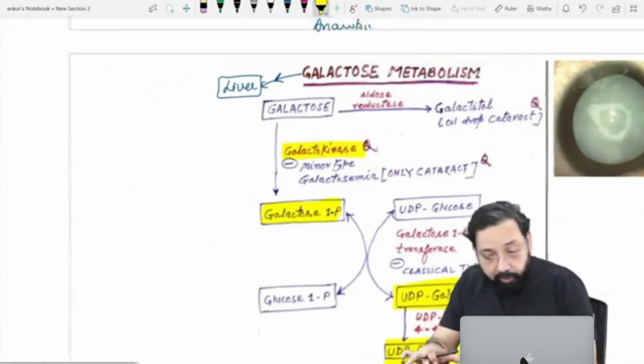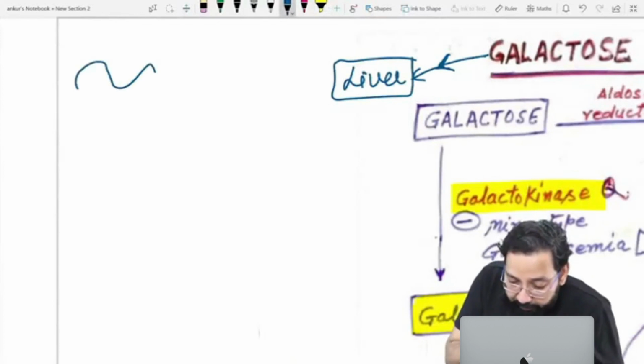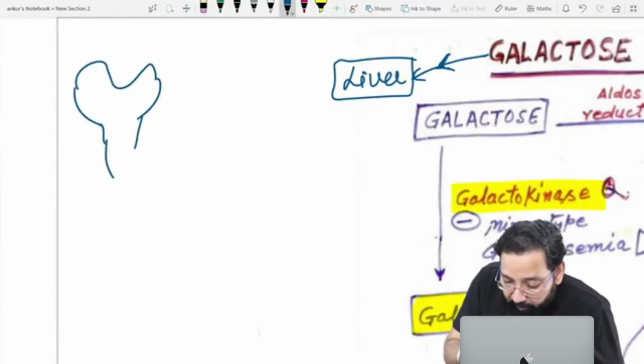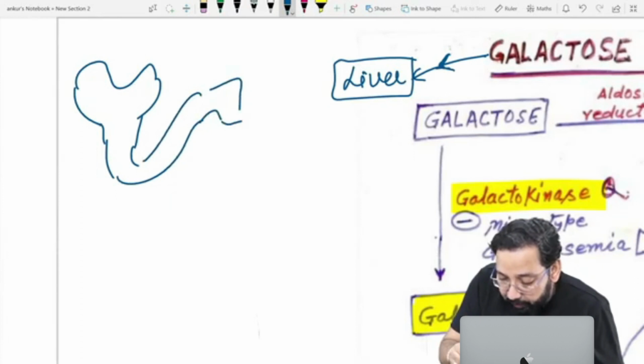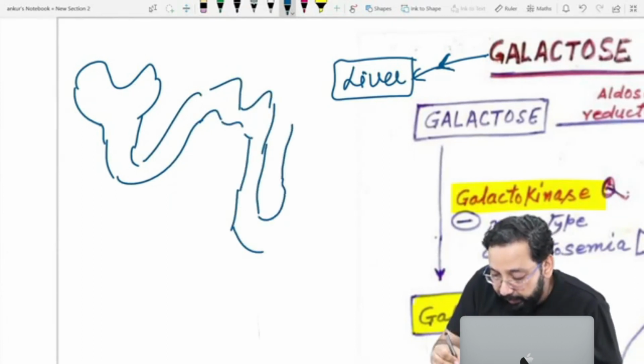Before moving further, I will draw a diagram here. This is the renal tubule and glomerulus. You all know the descending loop of Henle and the ascending loop of Henle.